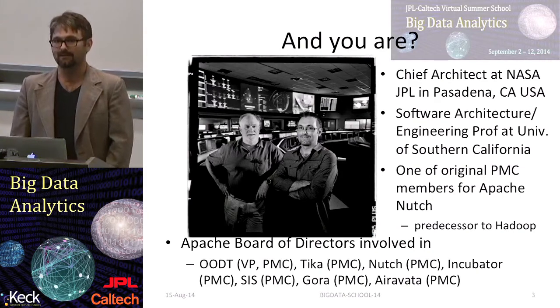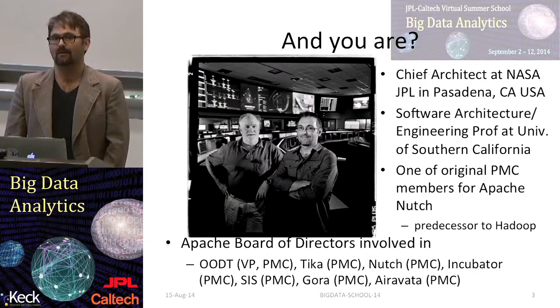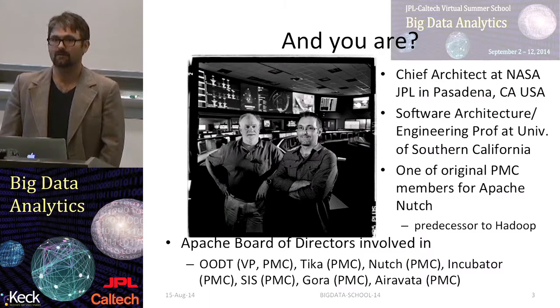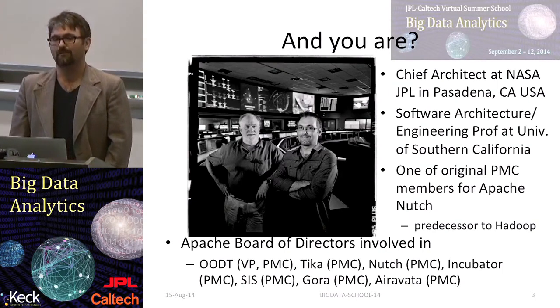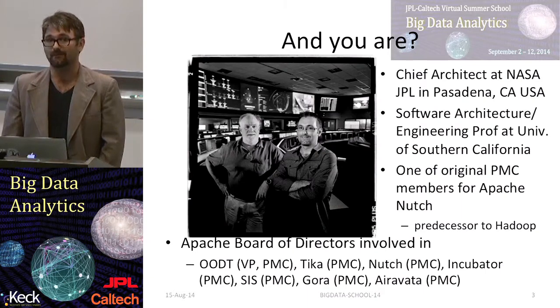And those data scientists, the software that they're building has a dual role. Every piece of software that my team writes, every line of code at JPL that my team develops, is contributed to the Apache Software Foundation. Apache is a 501(c)(3) nonprofit organization. It's also home to the world's most deployed and used web server, the Apache web server, but also home, relevant within the context of our Big Data Summer School, to things like Hadoop, which is the de facto big data technology in terms of processing right now.